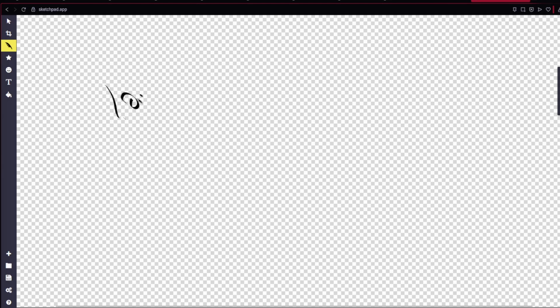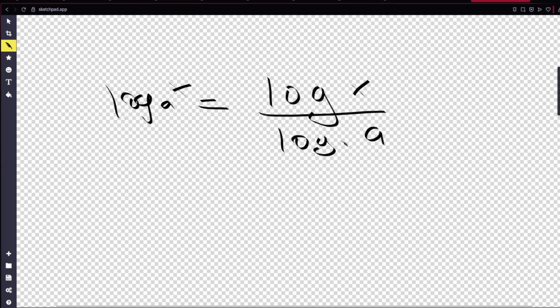But anyways, log_a of x is going to be equal to log_b of x over log_b of a, such that b can be any real number greater than 0, because you can't take a negative logarithm.